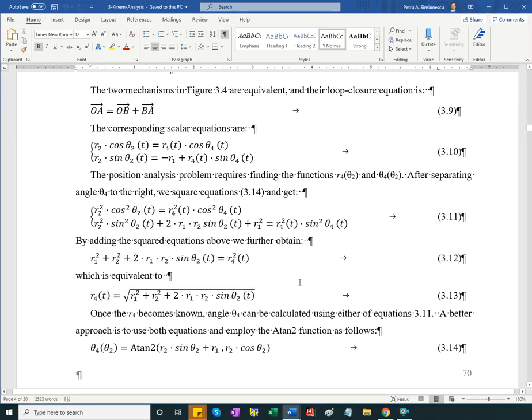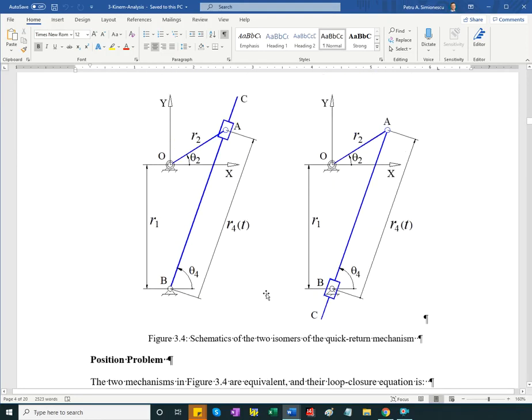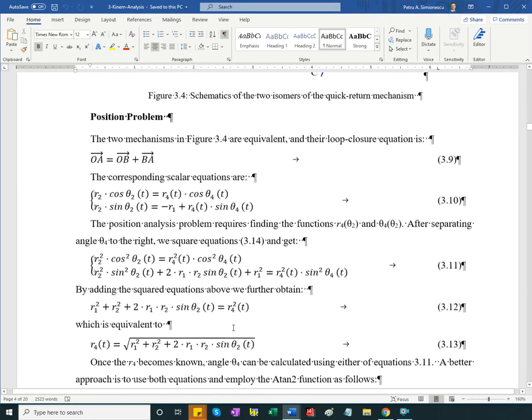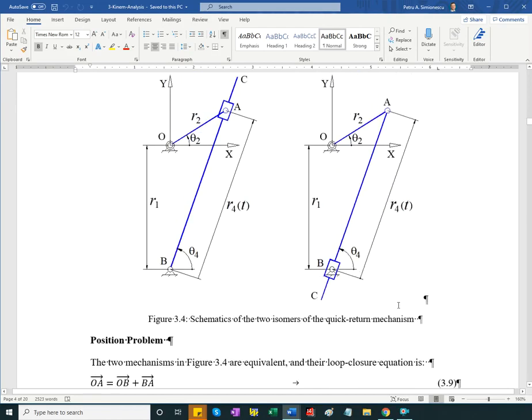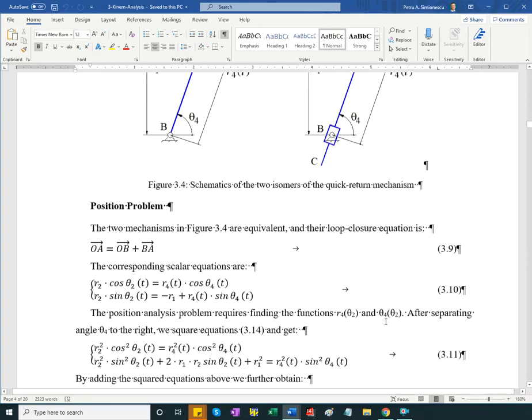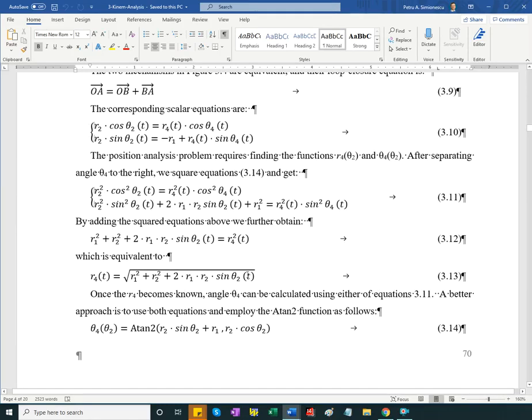Really what we did was, in a sense, take the law of cosines, and you don't see cosine here, you see sine, but there's 1 minus cosine squared equals sine squared.